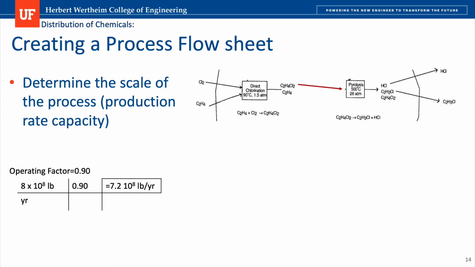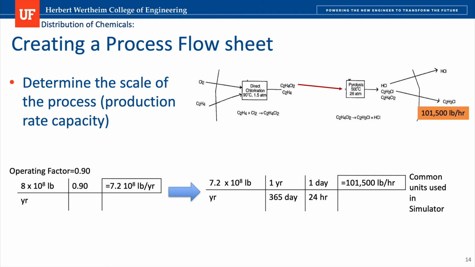When we are creating a process flow sheet, first we determine the scale of the process and the production rate capacity. We know, for example, for this particular statement that the operating factor is around 0.90, right? It's 0.90 of the total days of the year when the plant is in operation. You can multiply the target capacity of the plant for the product, and that will tell you how much the downsizing on capacity will be due to the plant's scheduled downtime.